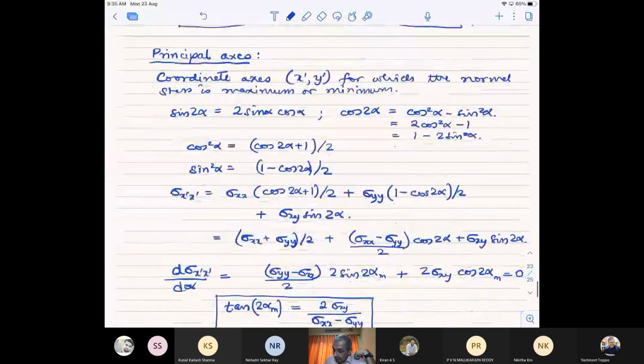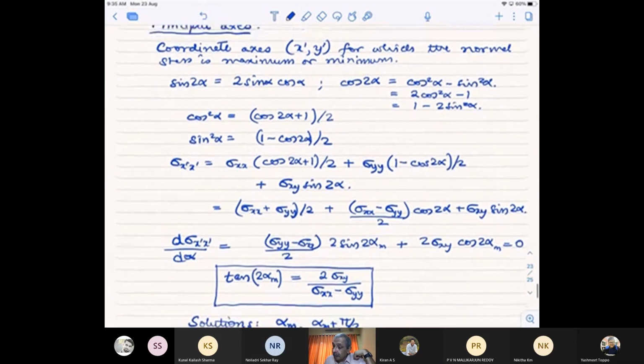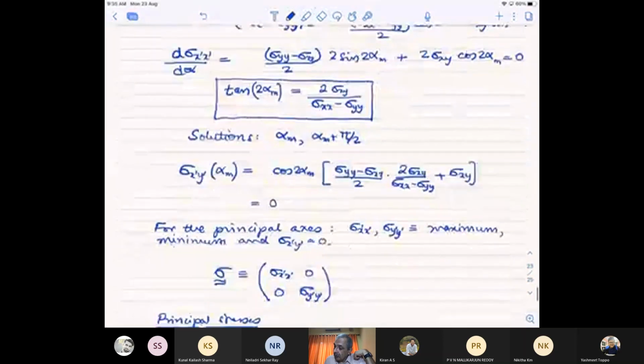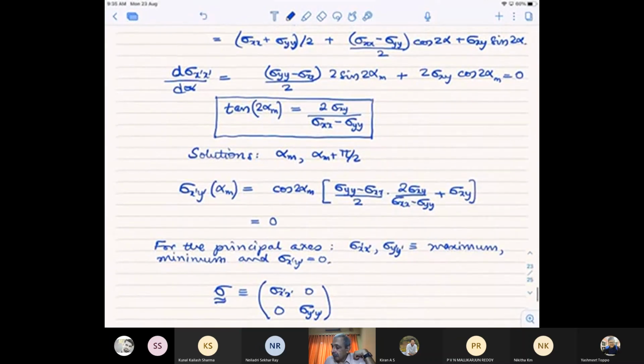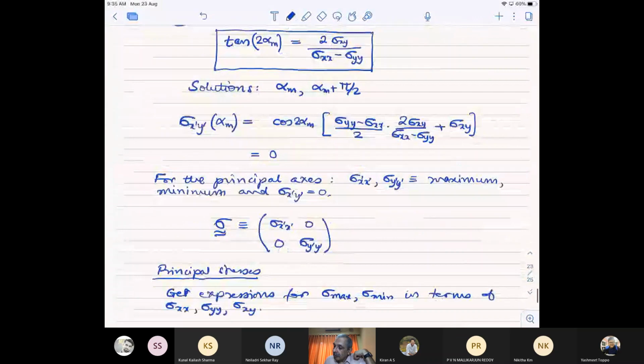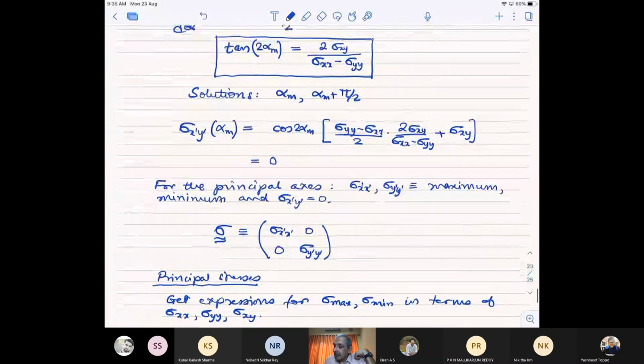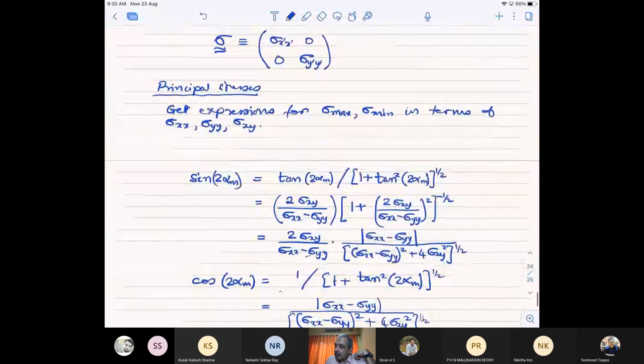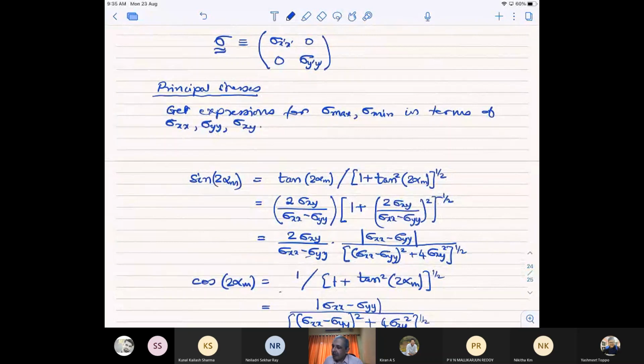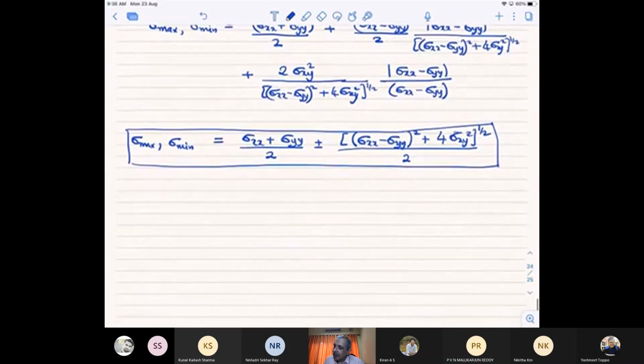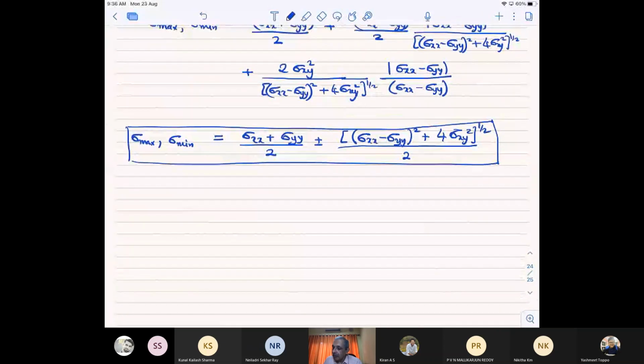Then we can find two special planes on which the normal stresses are maximum or minimum, that is sigma x prime is maximum or minimum, and on that the shear stress sigma x prime y prime is 0, and your stress tensor just becomes a diagonal stress tensor. Then we did a little bit of algebra to get, at alpha m, the magnitude of the maximum and minimum normal stress, given by this in terms of the components of the stress tensor.